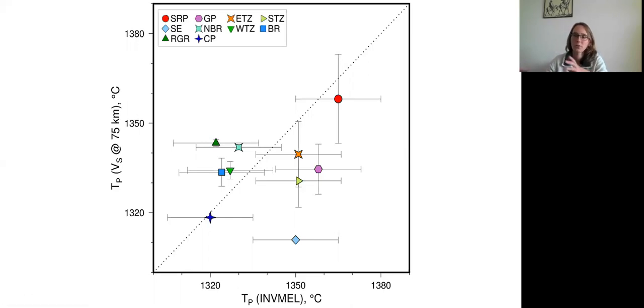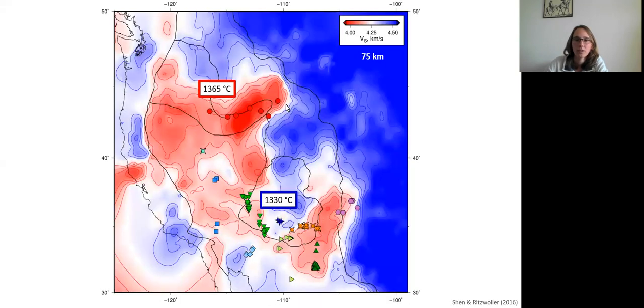So you get bleeding of those very fast velocities into the average. So for this sample here, you're really close to these very fast velocities, and that's affecting the range in temperatures calculated from the seismological method.